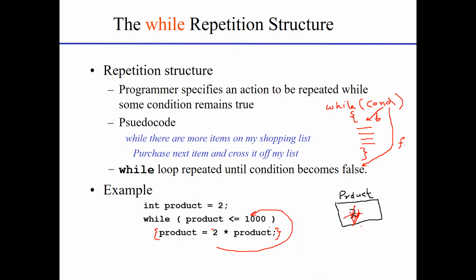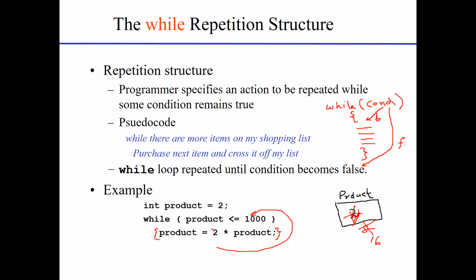Now the new value of product becomes 8. Check again: 8 is less than 1000. Yes, so do it again. 2 multiplied by the product, the current value being 8. 8 multiplied by 2 becomes 16. 16 will be assigned to the variable product, and so on.